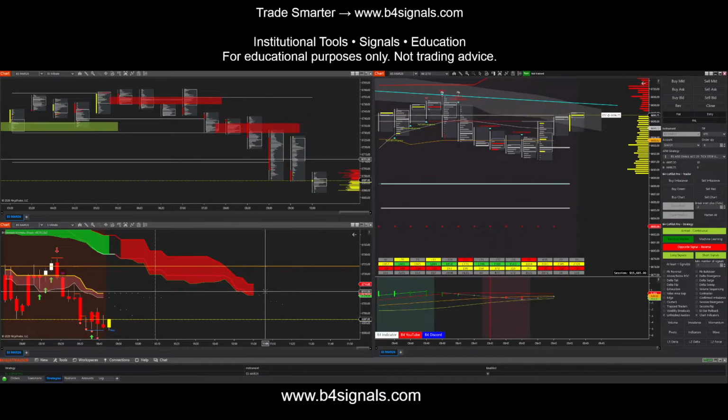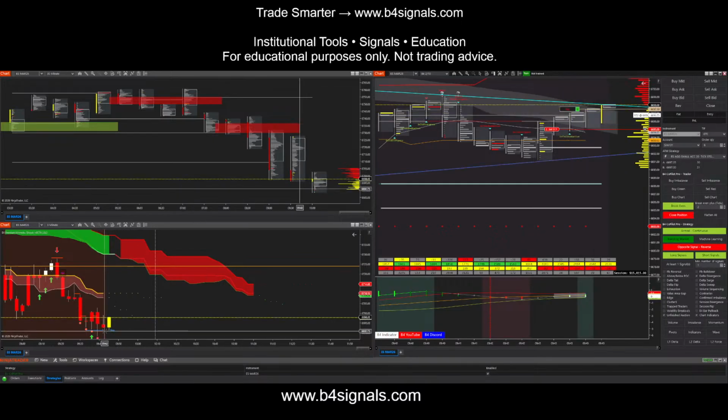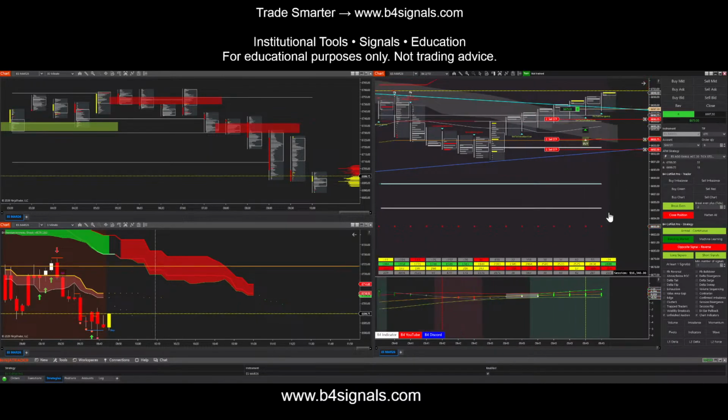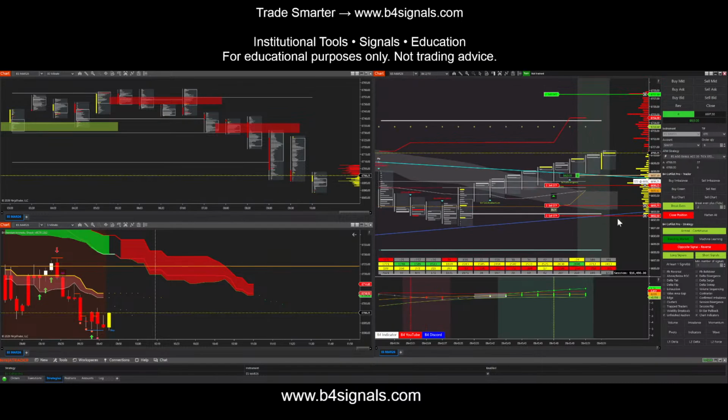Wrong. We're still bearish Ichimoku wise. Order filled. Like I said, we have not touched the Tenkan-sen yet on that pullback. I'm going to break that even.